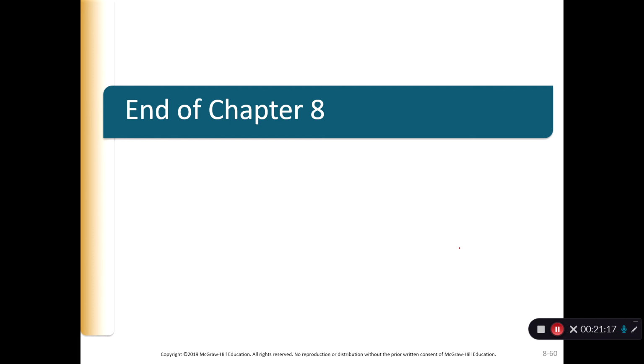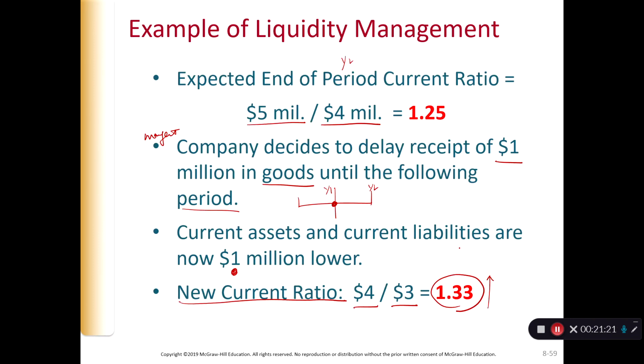Okay, so I think this is pretty much what we covered for chapter 8. Chapter 8 is relatively easier. Basically, understanding what the current liability is, understanding payroll taxes and sales taxes, and we also wanted to tell you what an operating cycle is and what the operating cycle means in terms of categorizing the current asset.